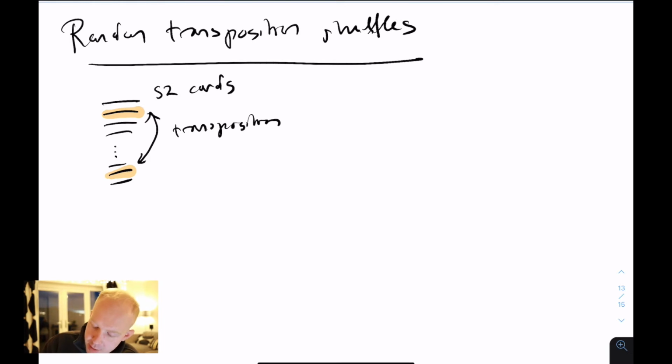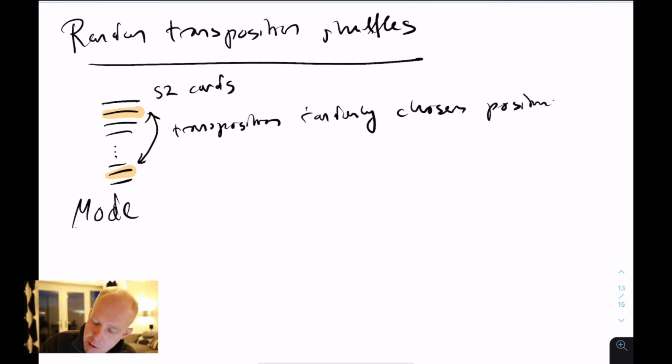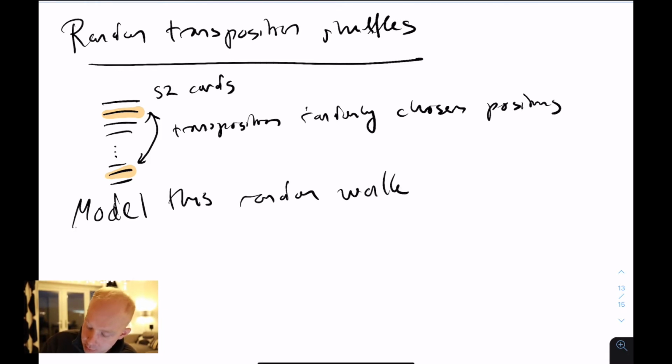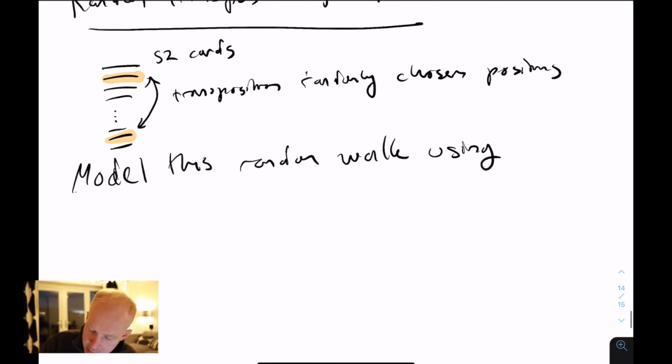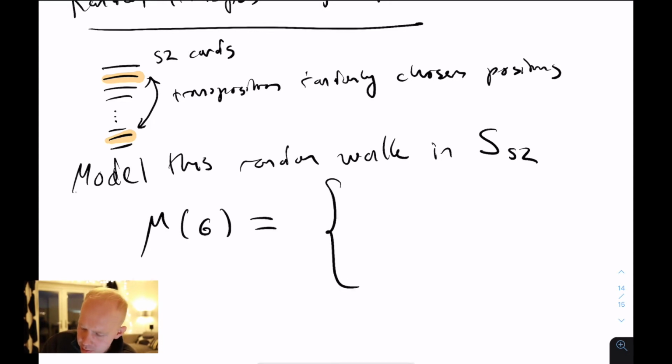So this model, with these randomly chosen positions, models a random walk in the symmetric group S52 using this mu, which is a probability distribution defined by 1 over 52 when the permutation is the identity permutation, and 2 over 52 squared when it is a transposition.